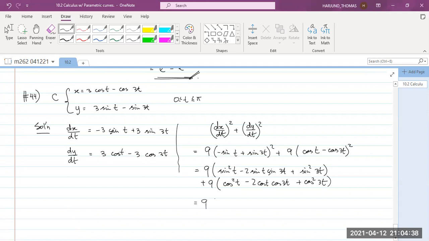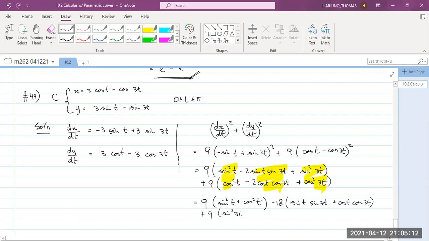So that will be 9 times (sine squared t plus cosine squared t), I group it this way, and then minus 18 times (sine t sine 3t plus cosine t cosine 3t), plus 9 times (sine squared 3t plus cosine squared 3t).